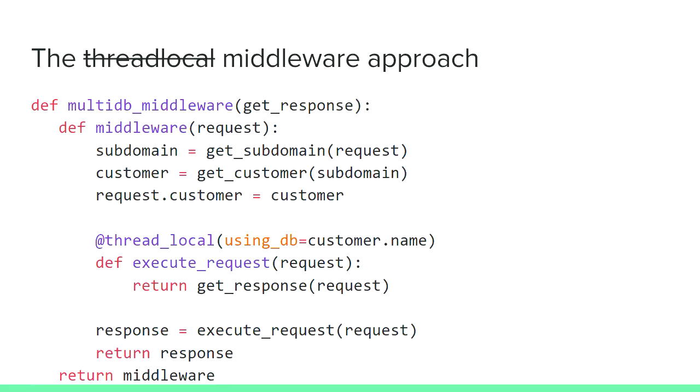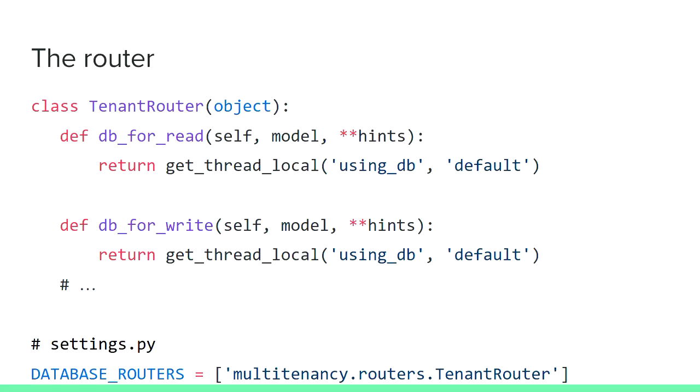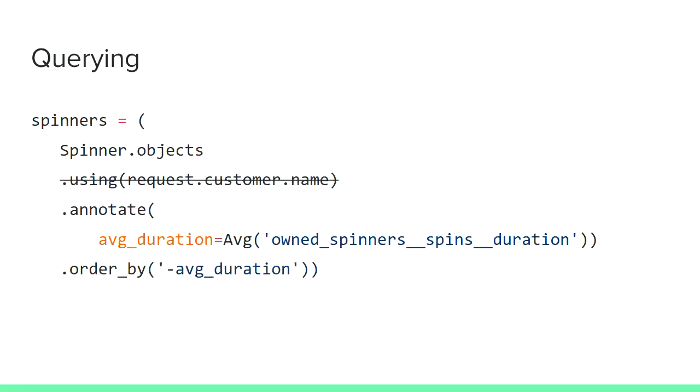We get the subdomain, we get a customer, we set the customer in the request, and then we use that decorator to execute our request, passing this thread local variable, which is using DB, and we pass the customer name. And you do a little bit of customer routing. You use the thread local again to get the instance of the database you're going to use, otherwise default. And that's it. You don't need the using anymore, so you can simplify a little bit.